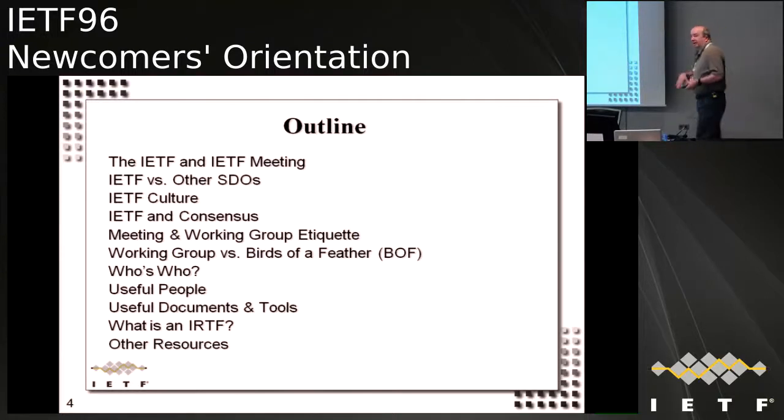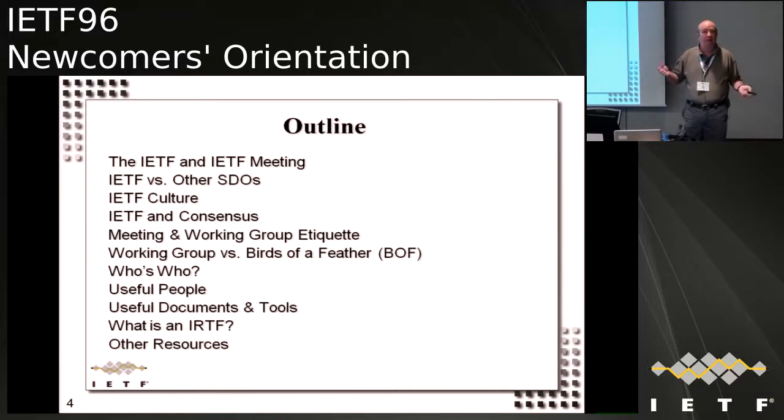We'll talk about the IETF and the IETF meeting. We're going to talk about how the IETF differs from other standards development organizations. We're going to talk a little bit about the IETF culture. We're going to talk about how the IETF makes decisions, or IETF consensus. I'll give you a little bit of a hint of what we'd like to see from you in terms of etiquette inside meetings and working group sessions.